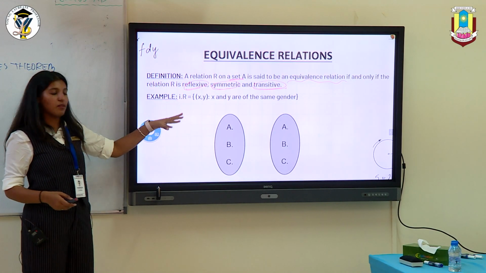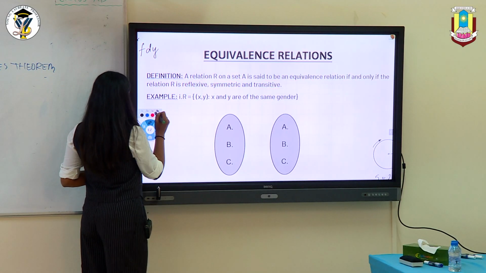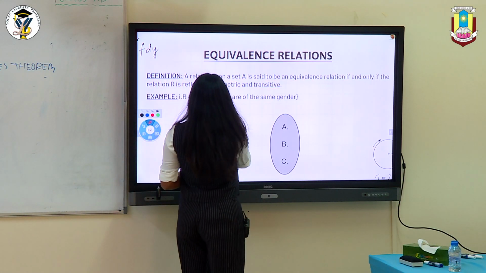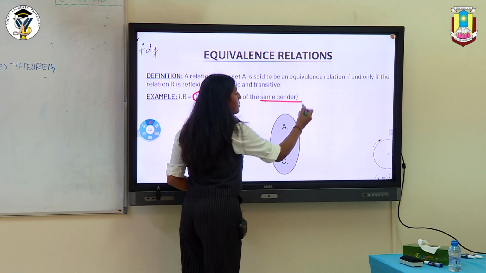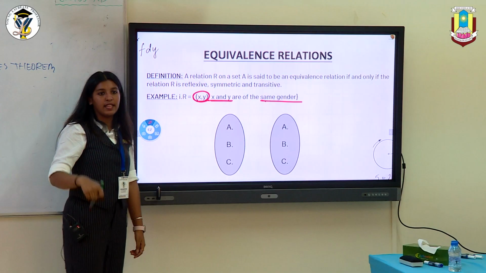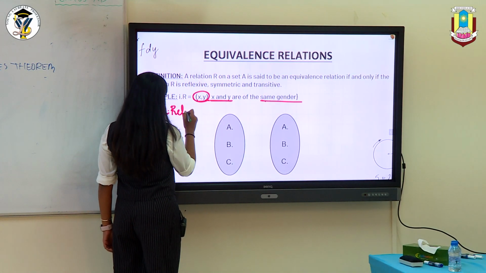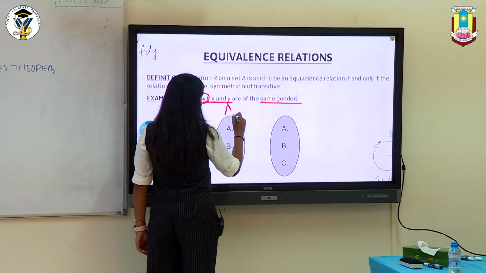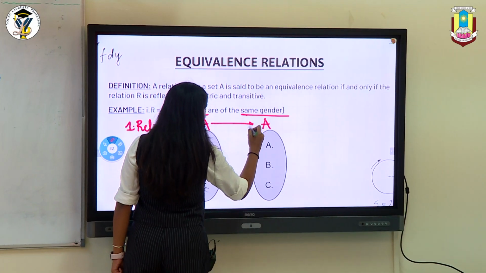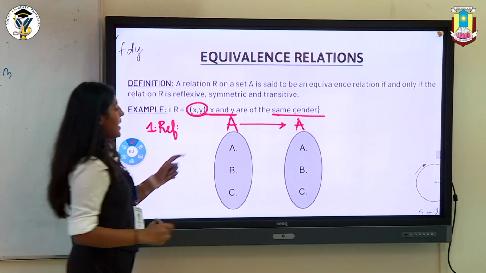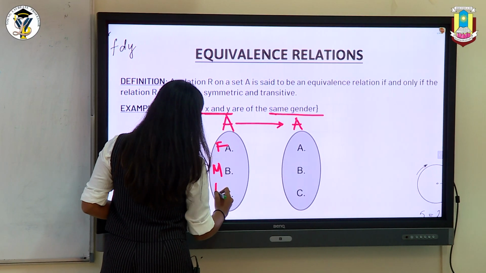I have an example for you to understand this better. R equals (x, y) such that x and y are of the same gender. So let's start with the first condition, reflexive. This is set A and this is a relation on set A, which means it's from set A to set A. A is, let's say, female, B is male, and C is again female.